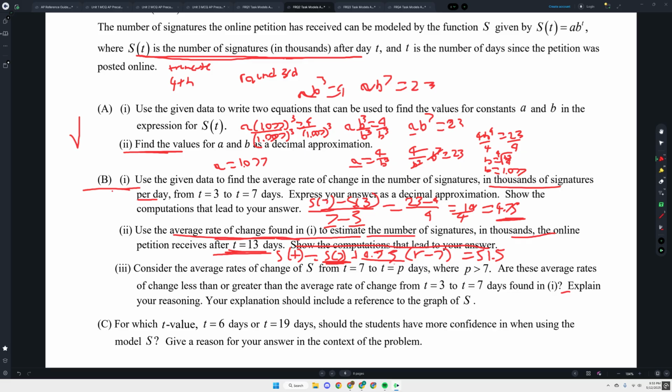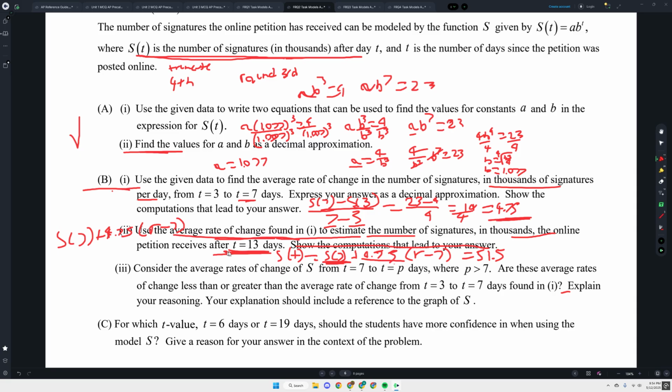Can you explain B of I again? Alright, so B of I is pretty much using the rate of change you found here, making a slope equation, and then plugging in a value. So we're going to say T of 13. Use calculus reasoning gets 0 points. Yeah, no calculus. You have to use precalc. So we're going to say S of 7 because that's our last point that we know of, plus 4.75, and then t minus 7 because we're starting from there.